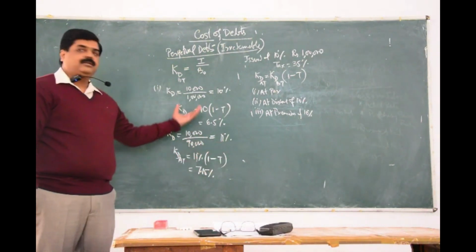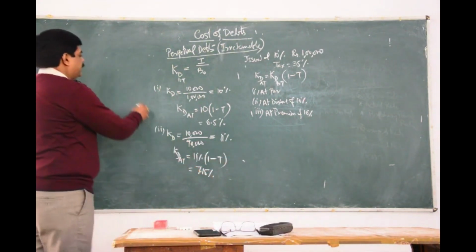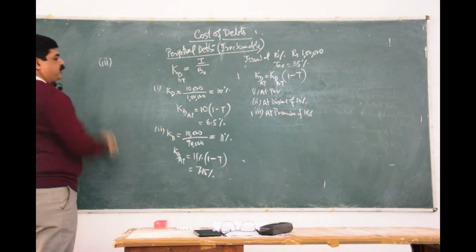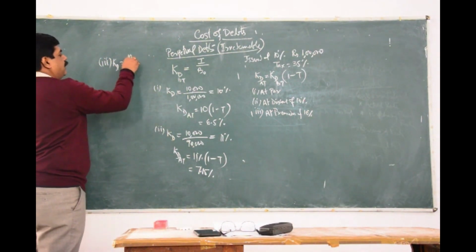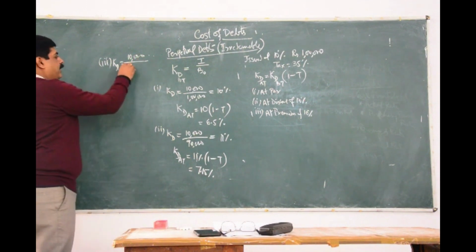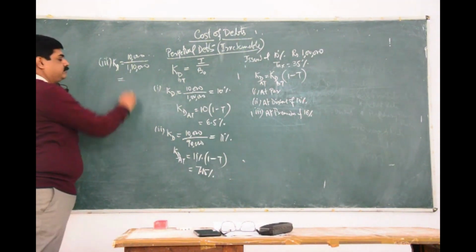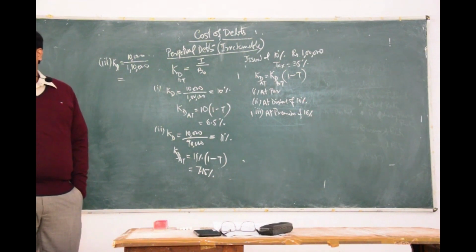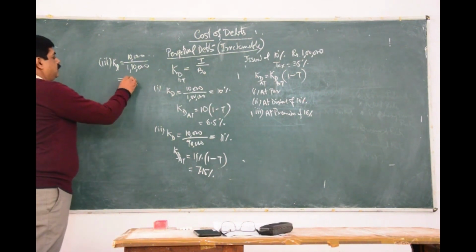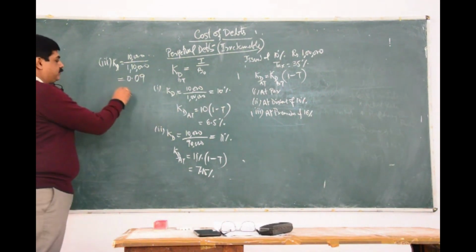So discount is over. Now we take up the third part, the premium part, issued at a premium of 10%. Again KD is equal to 10,000, the interest amount, divided by 1,10,000, which comes to 0.09.